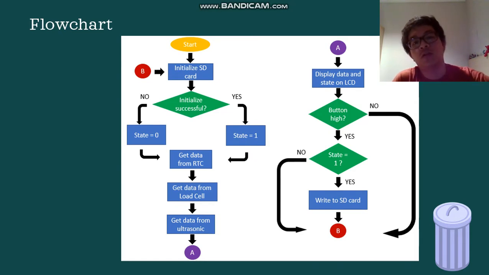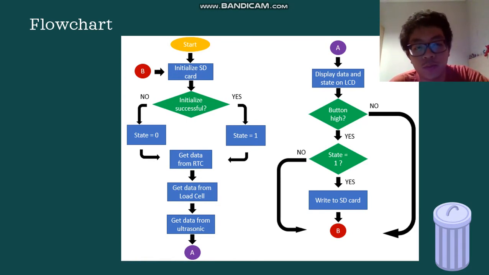First of all, it will initialize the SD card, and if the initialization is successful, we change the state to 1. If no, the state is 0, and then we go into several processes here.